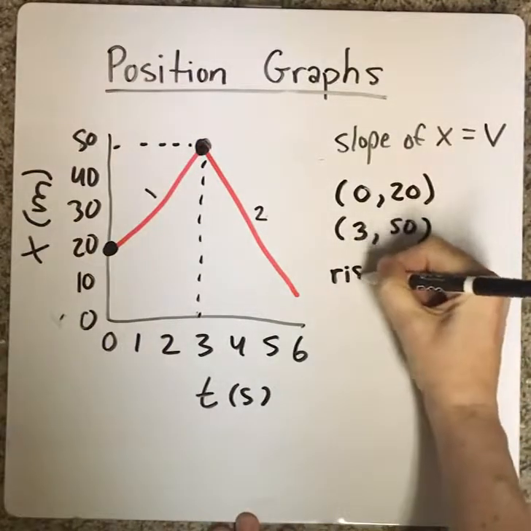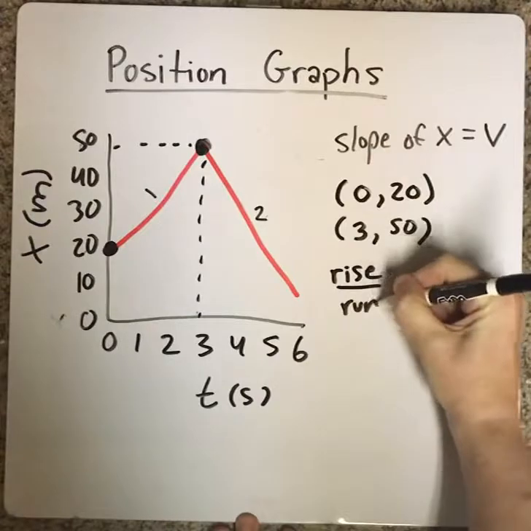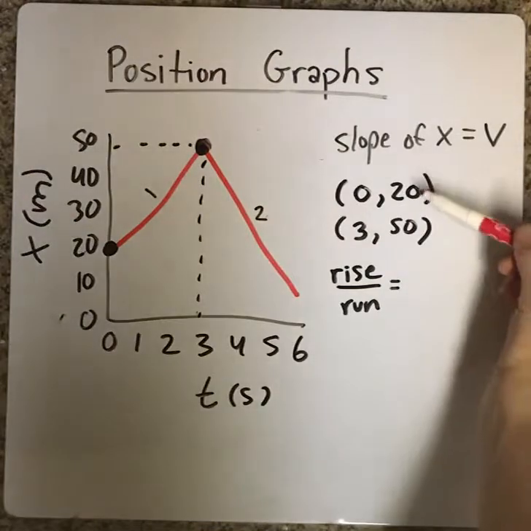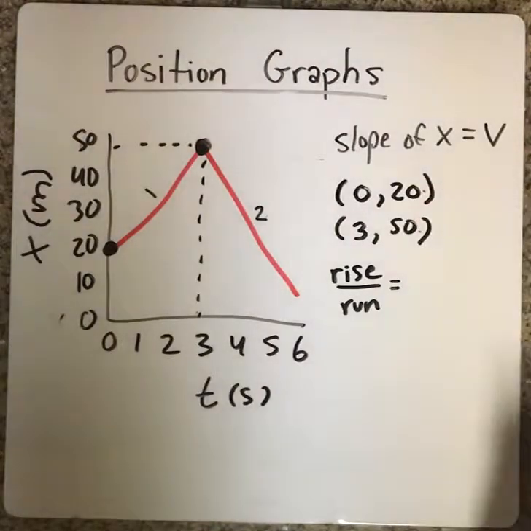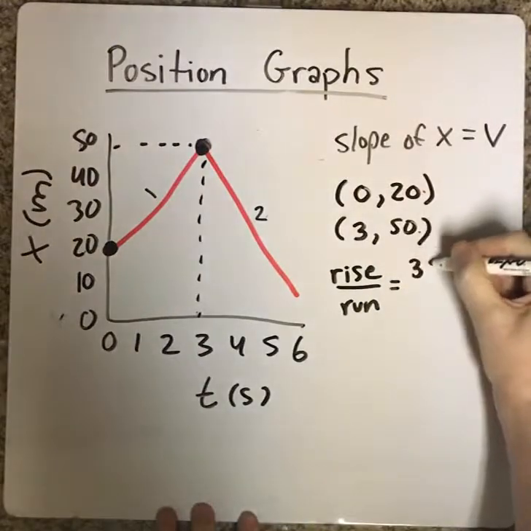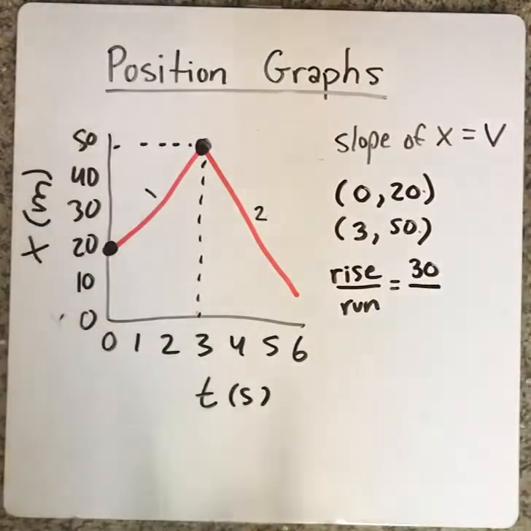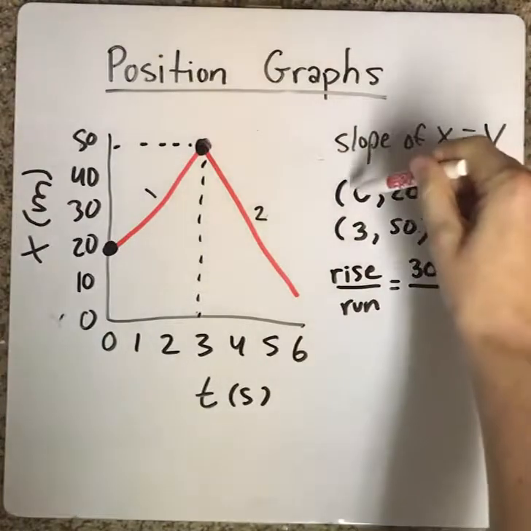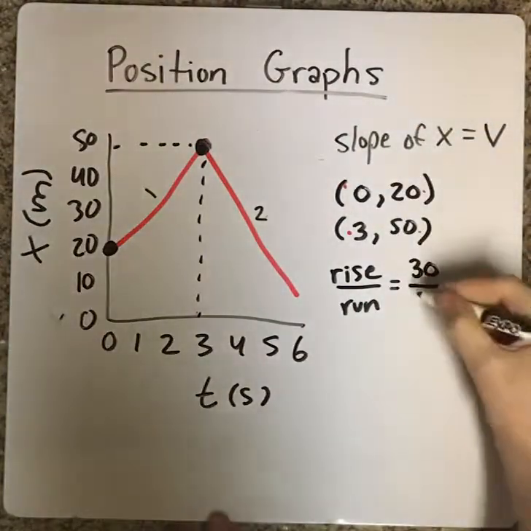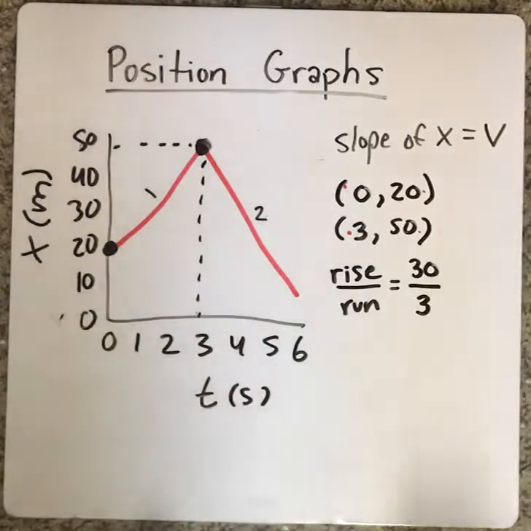So rise over run. And remember that the rise is the y-axis. So this graph went from 20 to 50. That is a rise or an increase of 30. And the x went from 0 to 3. So that is an increase of 3.